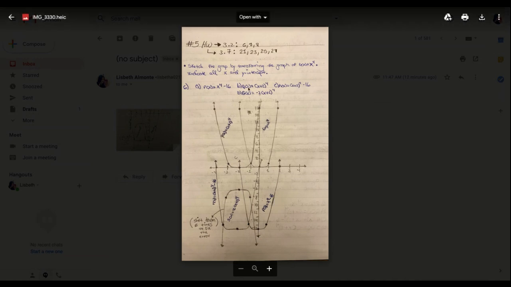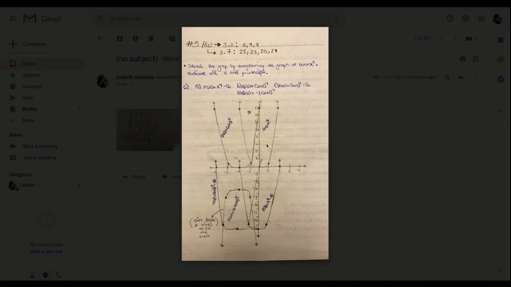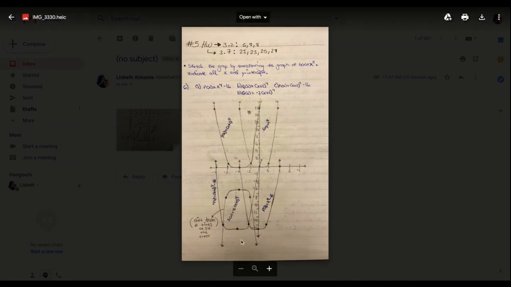For B, the x-intercept is -2, 0, and the y-intercept is where it touches the white line here, 0, 16. For C, sorry that the graphing is not great. No, it looks beautiful.